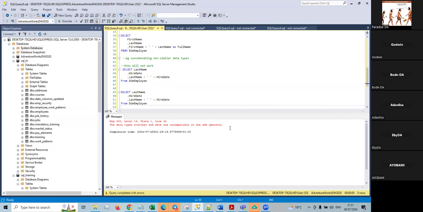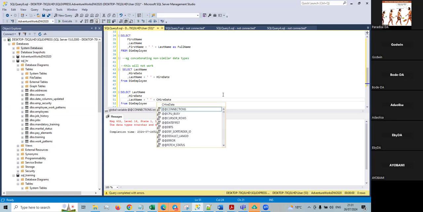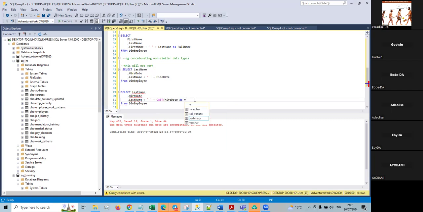And how do we do that? We change this by using the keyword CAST, with this in brackets, and we give it a variable character type as VARCHAR, let's say 20 or 30.